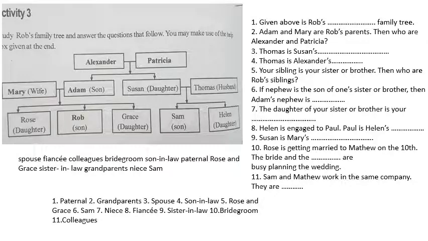Thomas is Alexander's dash. Susan is Alexander's daughter. Thomas is Susan's husband, which means Thomas is Alexander's son-in-law.